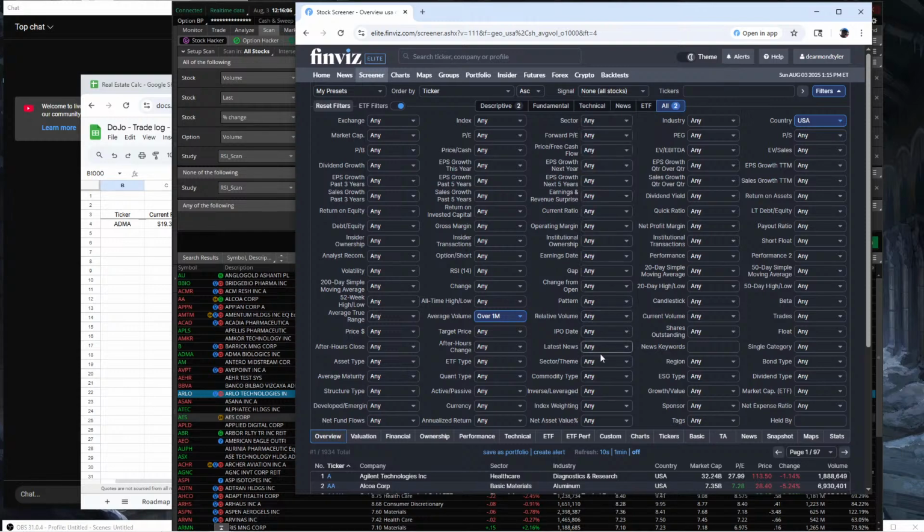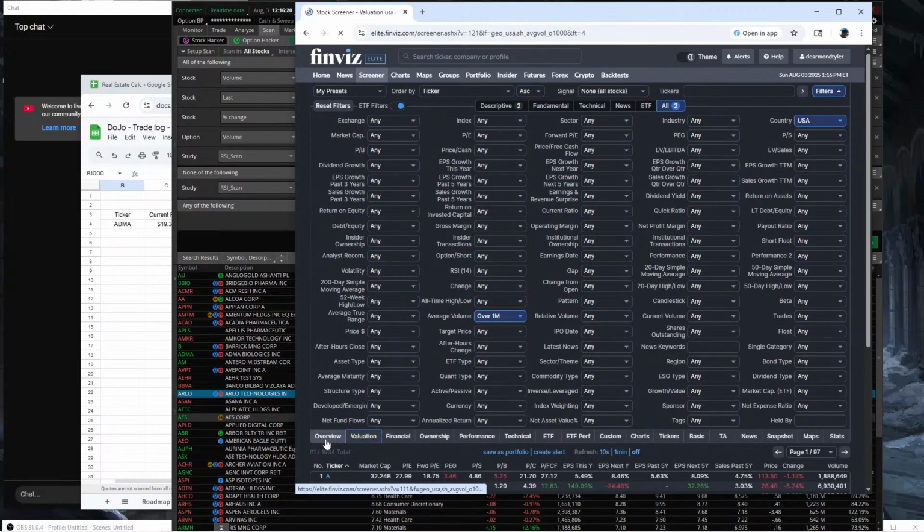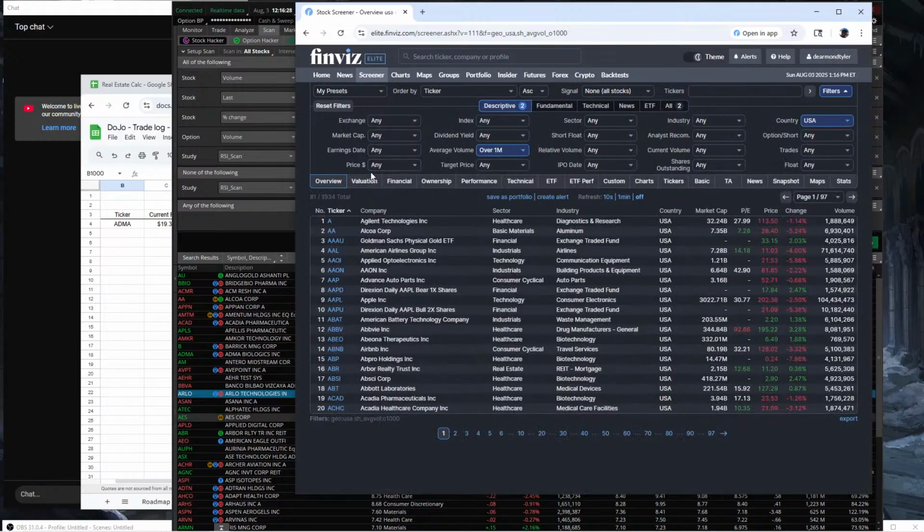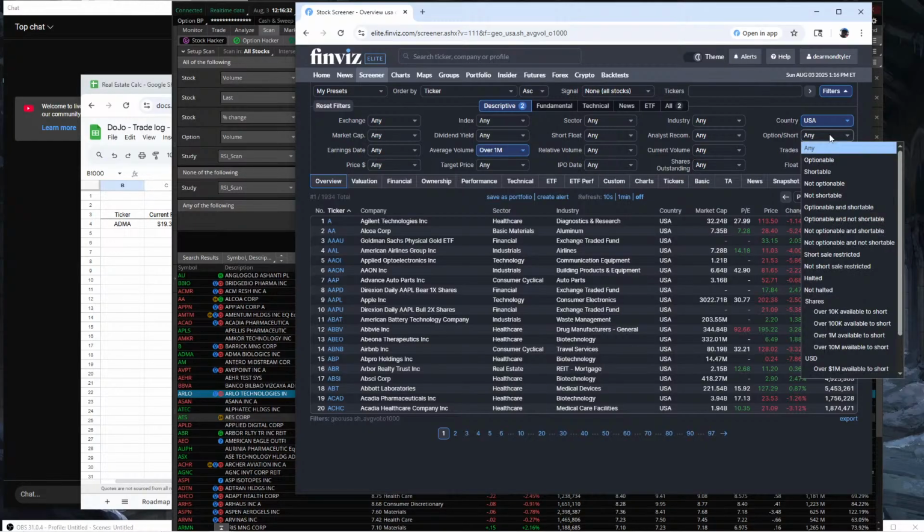Leave that alone. That's gonna filter the wrong way. I don't want that. Let's see what fundamentals like. There should be the options. There it is. Optionable and shortable.